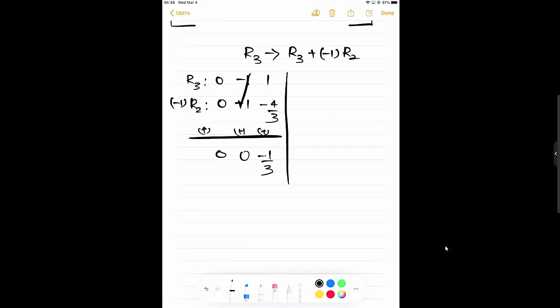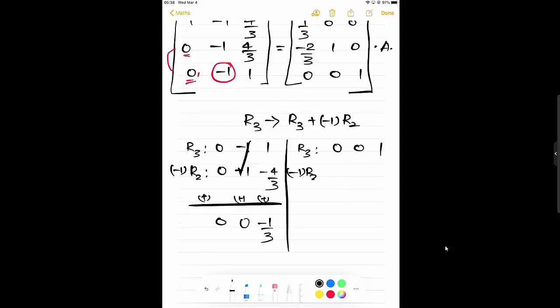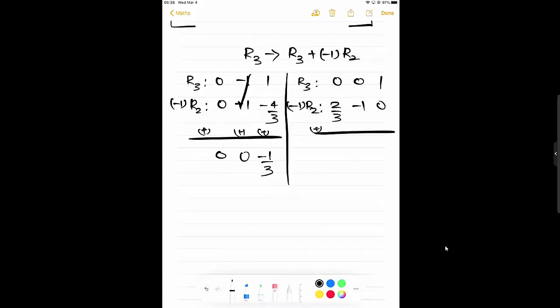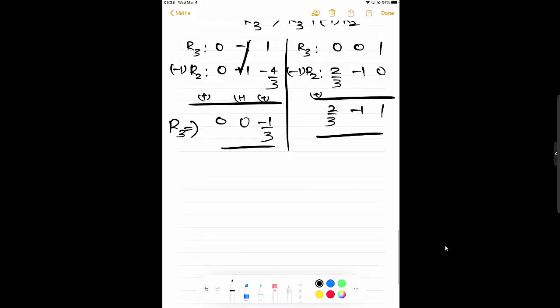Similarly, for identity, R3 is minus 1 of R2, it will be 2 by 3, minus 1, 0. If you do addition of that, this will be 2 by 3, minus 1, then 1. This is for R3.